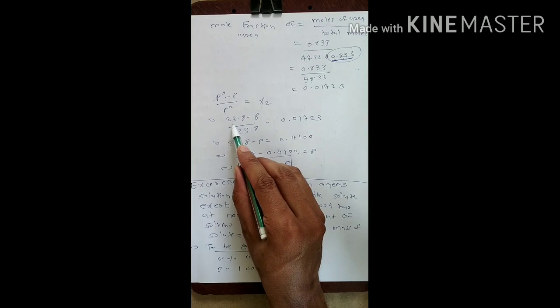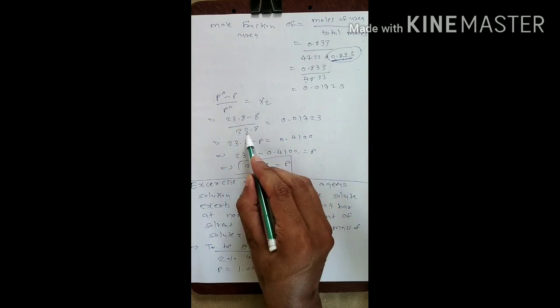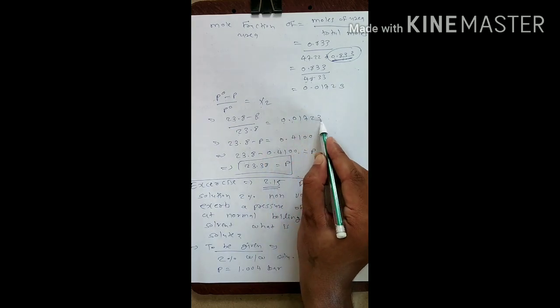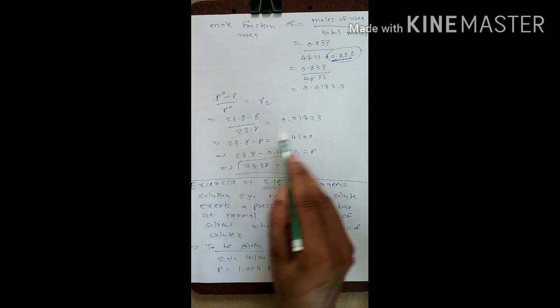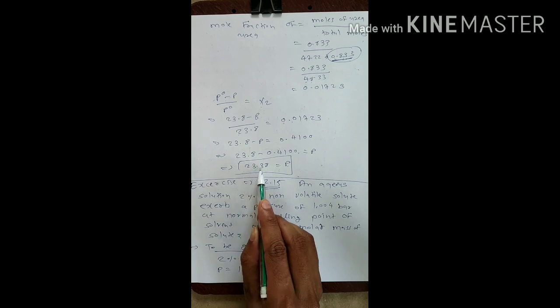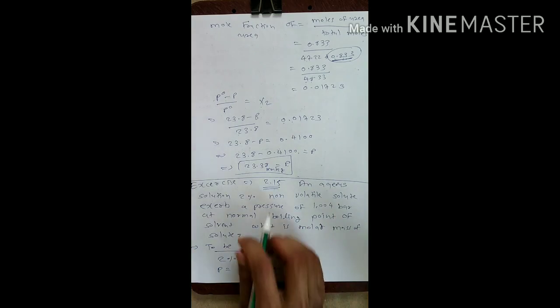P0 we have 23.8, P we want to find out, P0 again 23.8 is equal to the mole fraction we found, 0.01723. By solving this equation you will get P is equal to 23.38 mmHg.